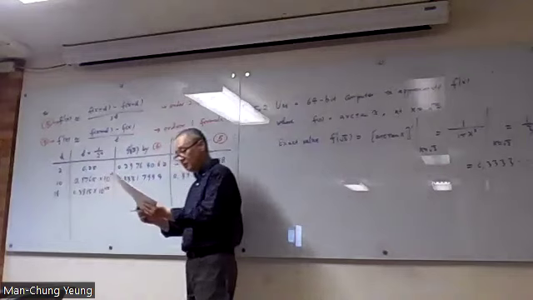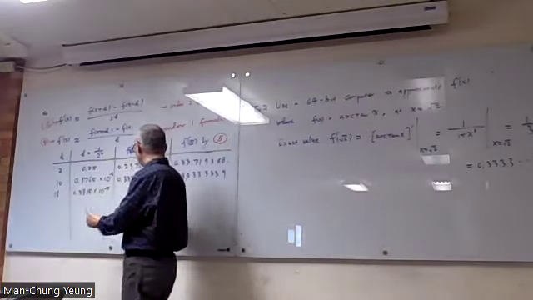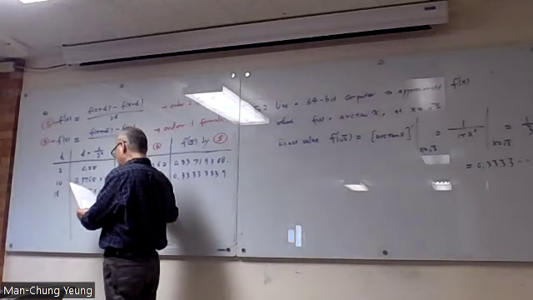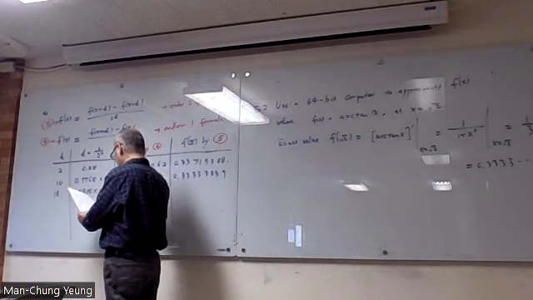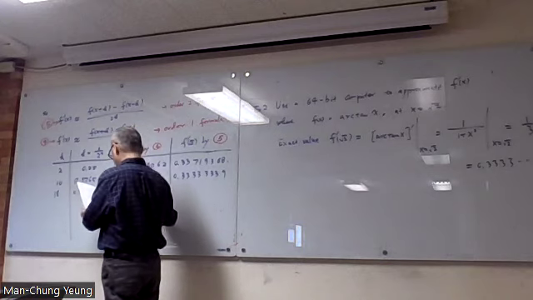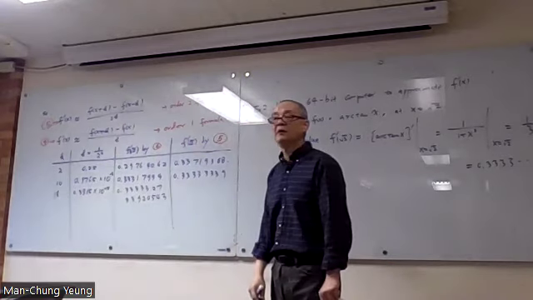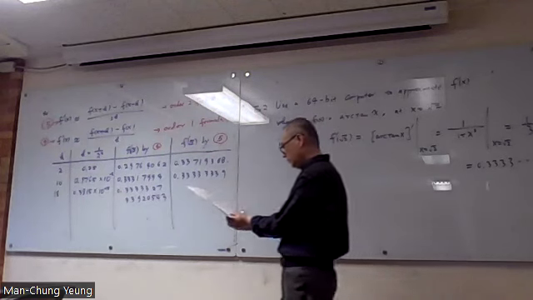This time h is small. What is the order 1 formula? What do you get? Let me write more digits. This is the order 1. How about order 2? Wow, order 2.